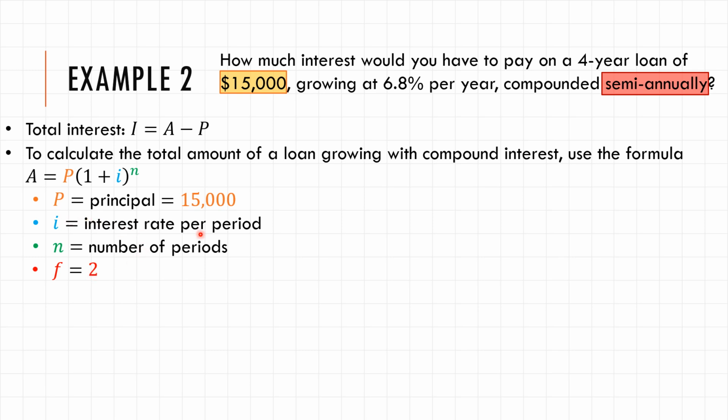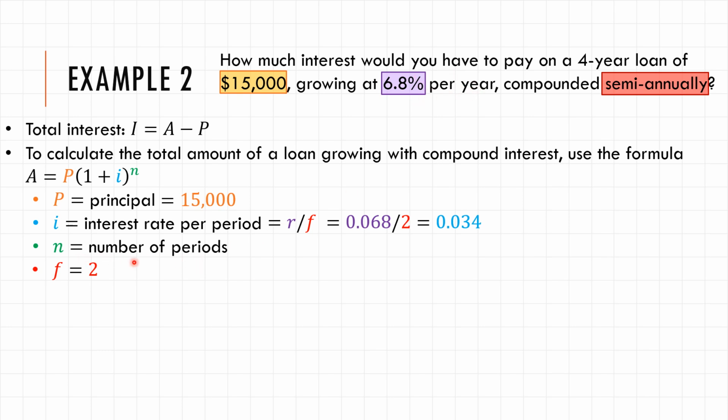So the interest rate for one period is not going to be 6.8%. It's going to be 6.8% divided by the frequency. So 0.068 as a decimal, just divide by 100. And then divide that by 2, because we have to divide it by the frequency, gives us 0.034. So the interest rate for one period of 6 months is 3.4%, not the full 6.8%, because we did not wait a full year.